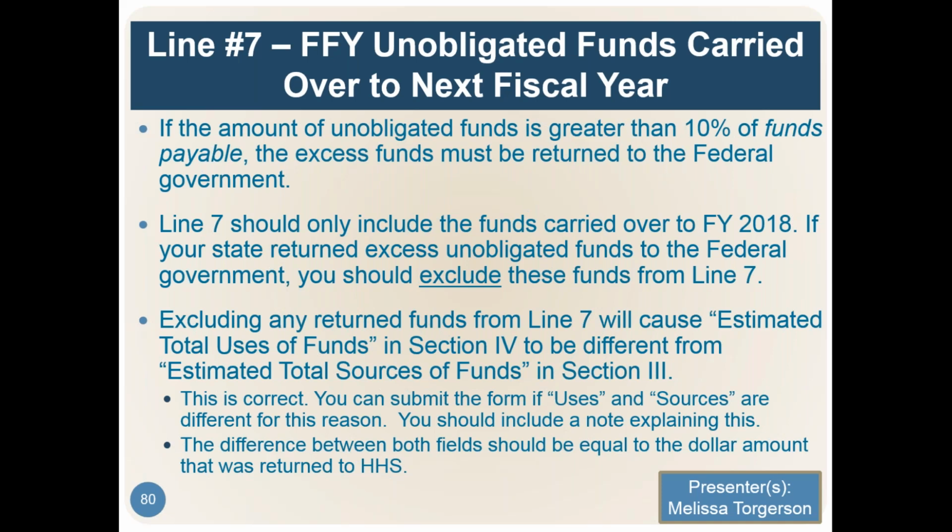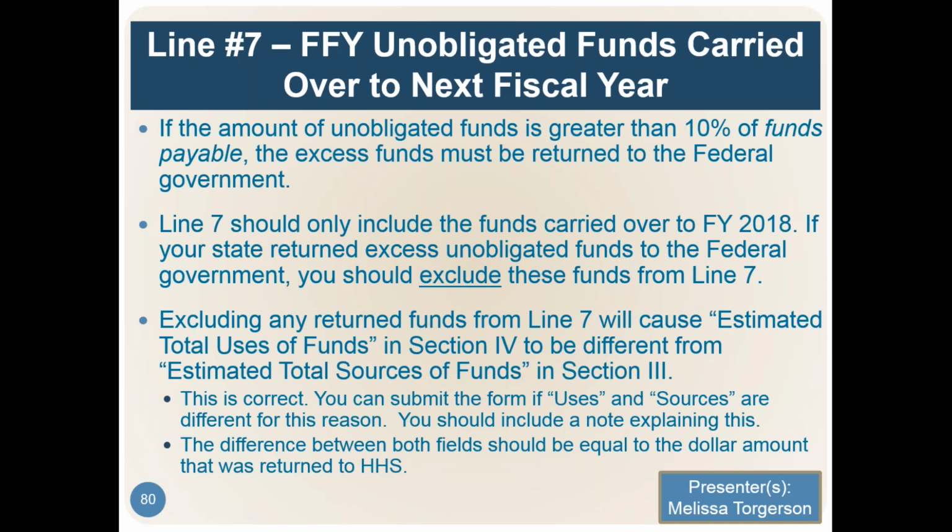We do not want you to include that excess 5% that you're returning in line 7. You should exclude it. And what's going to happen now is when you do exclude that, you've got this 5% floating out there because there's really no place to put it in this report. And so what it's going to mean is that your estimated total uses and sources are going to be different. There will be a discrepancy.